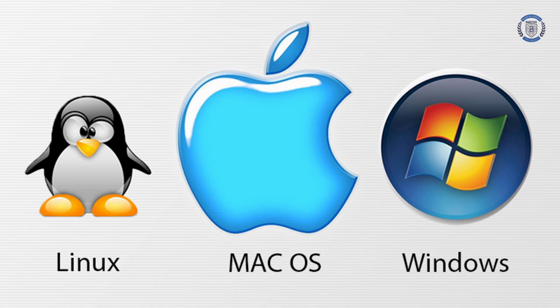It comes preloaded on Macintosh computers or Macs. Linux is a family of open source operating systems, which means they can be modified and distributed by anyone around the world. These operating systems were designed to run on desktop and laptop computers.